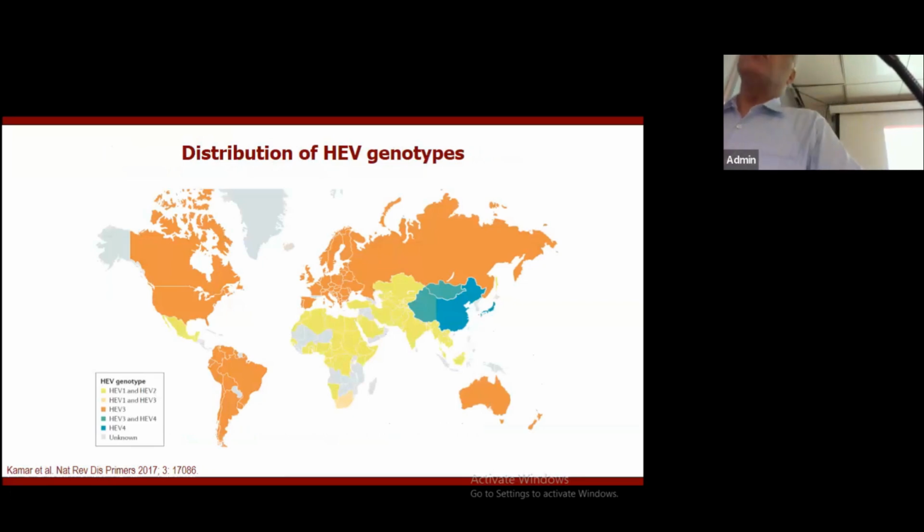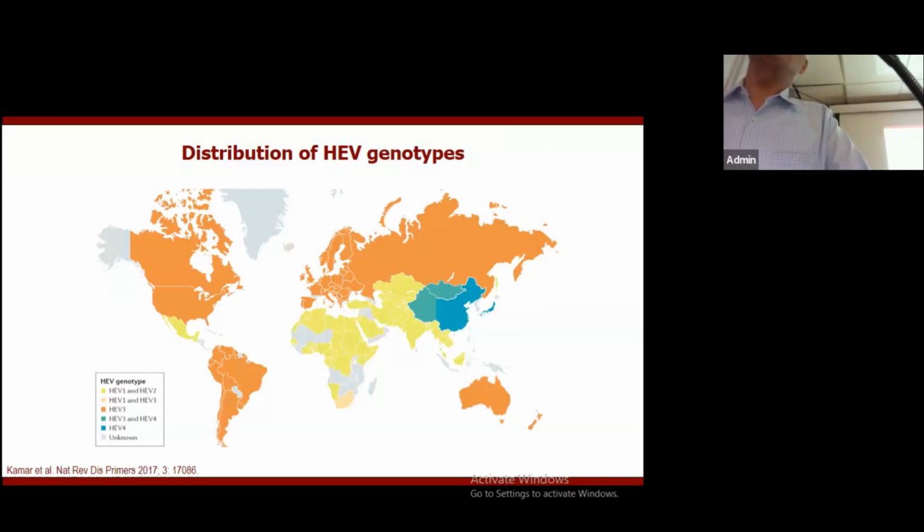The virus has 4 genotypes. Of these, genotype 1 and 2 are mainly seen in Asia and Africa, and there have been some reports in the 1980s of outbreaks in Mexico, and they were small. So if you see these areas that are shown here in yellow and in this greenish, bluish color, and also these areas, these are the areas where there is genotype 1 or 2 virus seen, and that is what causes outbreaks.